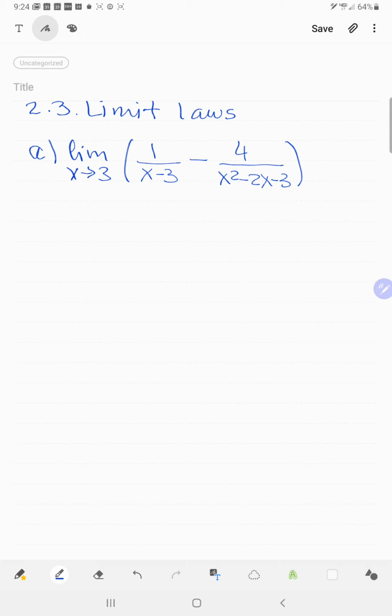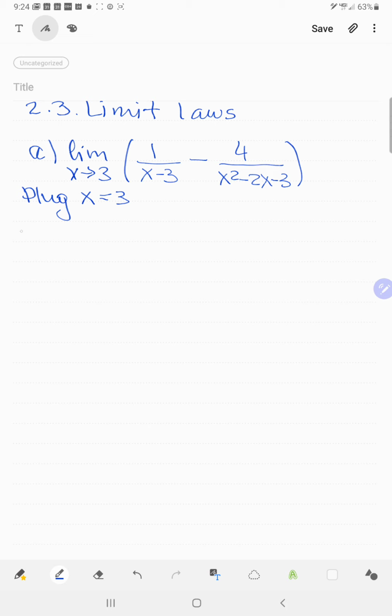So the first thing we always do is plug in x equal to 3 and check if that will give us a number or if it will be undefined.